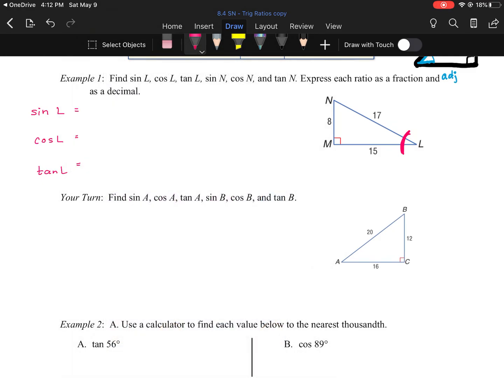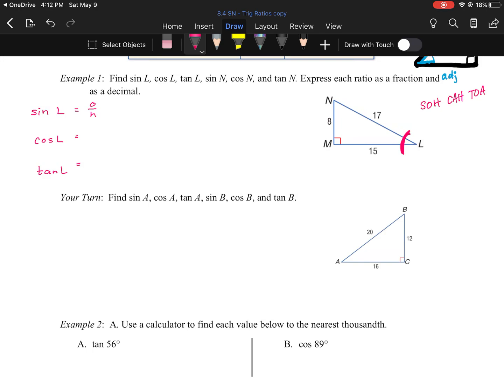So let's take a look at sine. Remember, I always write SOHCAHTOA off to the side. So sine is opposite over hypotenuse. And usually we do OPP over HYP, but I'm just going to use O and H since I'm limited on space here.